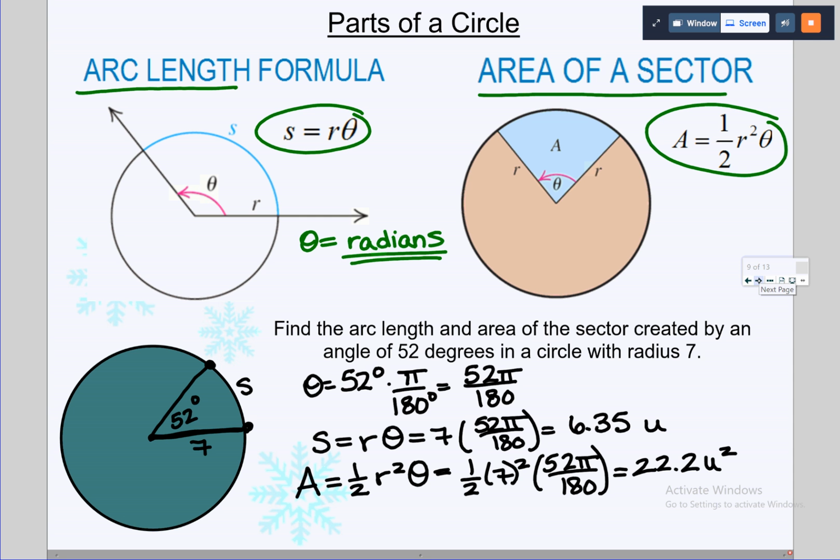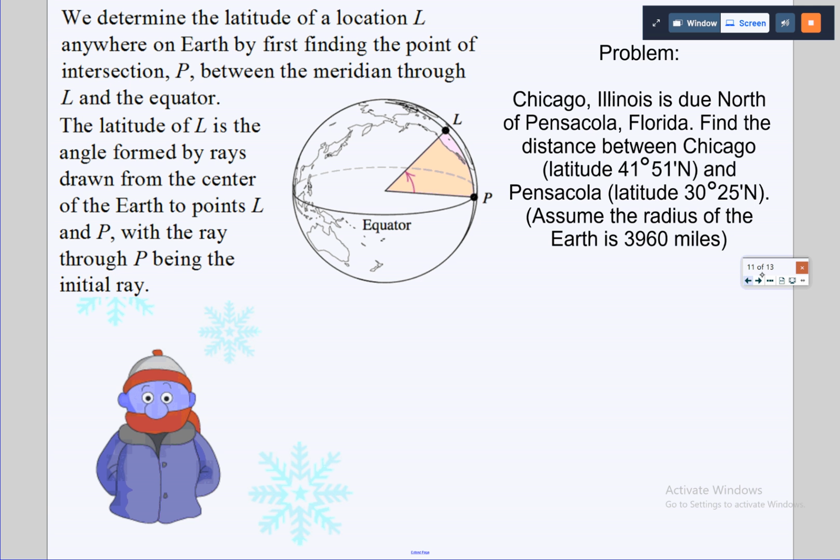So an application of our arc length formula is latitude and longitude. You can think of two cities that are directly above each other, at least for ease of calculation purposes, on the Earth as that actual distance is an arc length, right? Because the Earth is curved, okay?